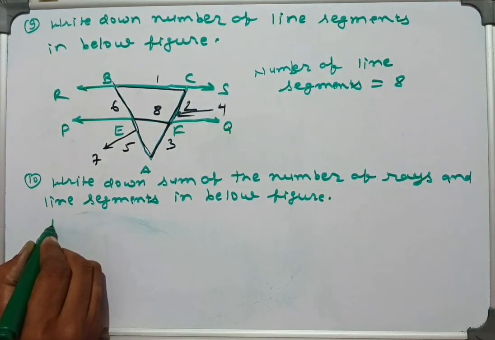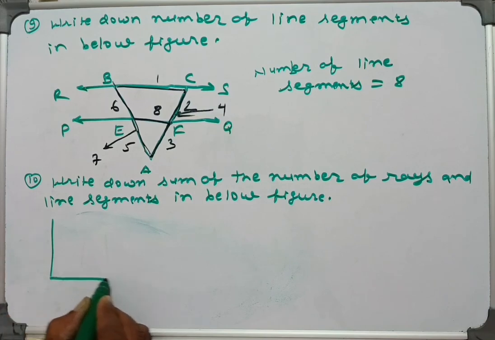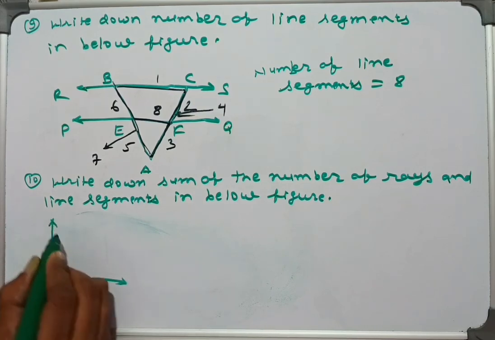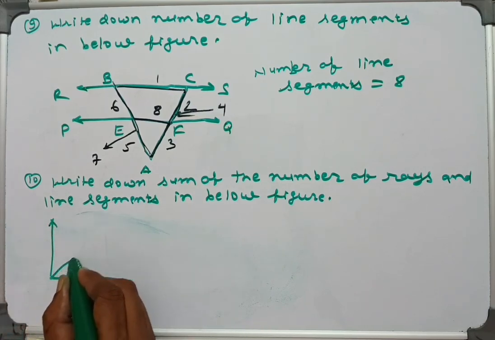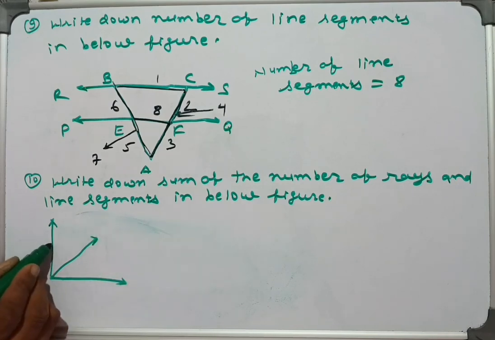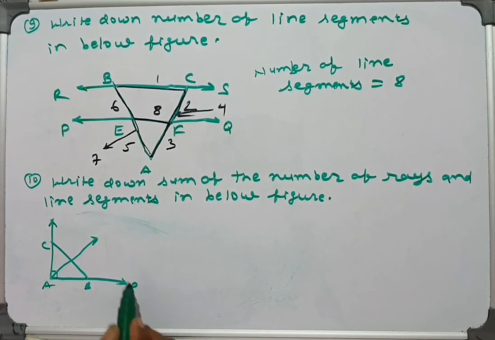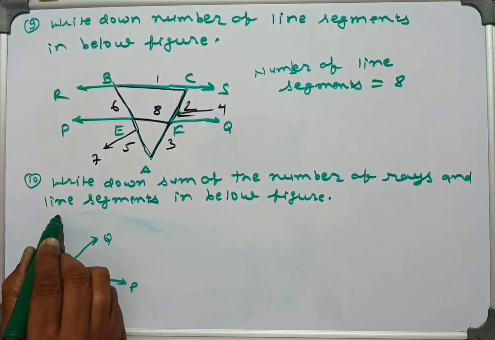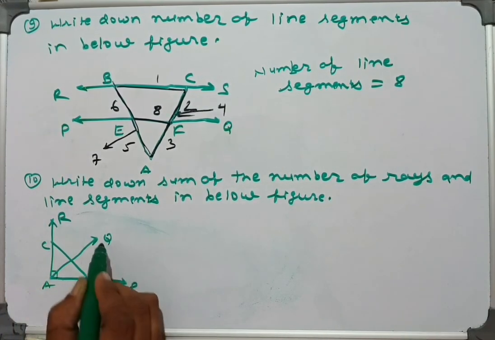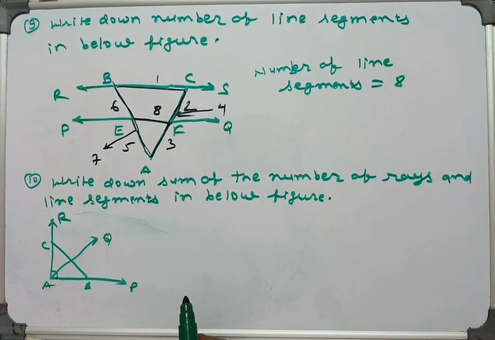See, now see the figure. ABC is here a vertex of a right angle triangle. Okay, now PQR are these points.